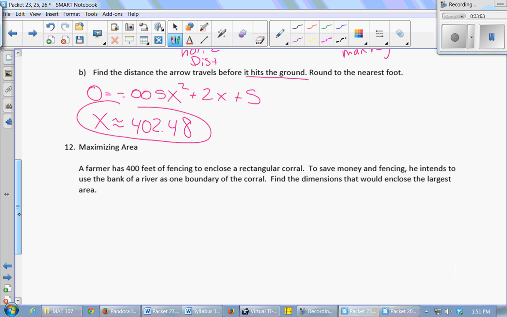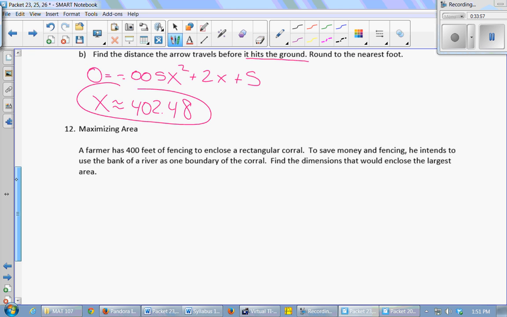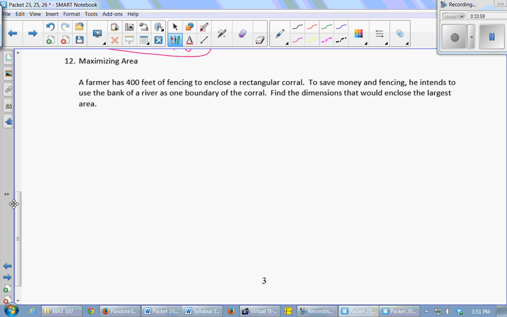All right, one more example together, and then I have some more for you to try. All right, so we have a farmer who has 400 feet of fencing. He went down to the farmer's exchange, got about 400 feet of fencing. He wants to build a rectangular corral.